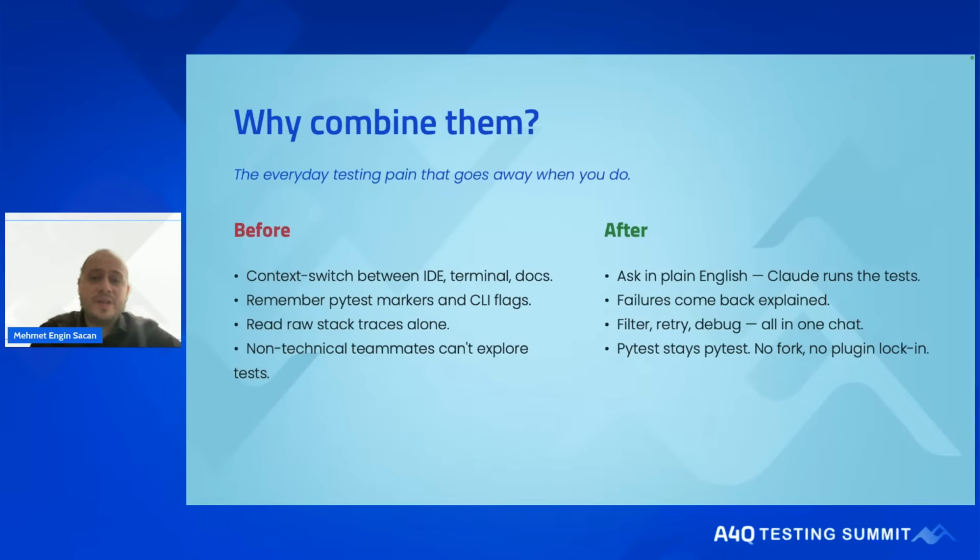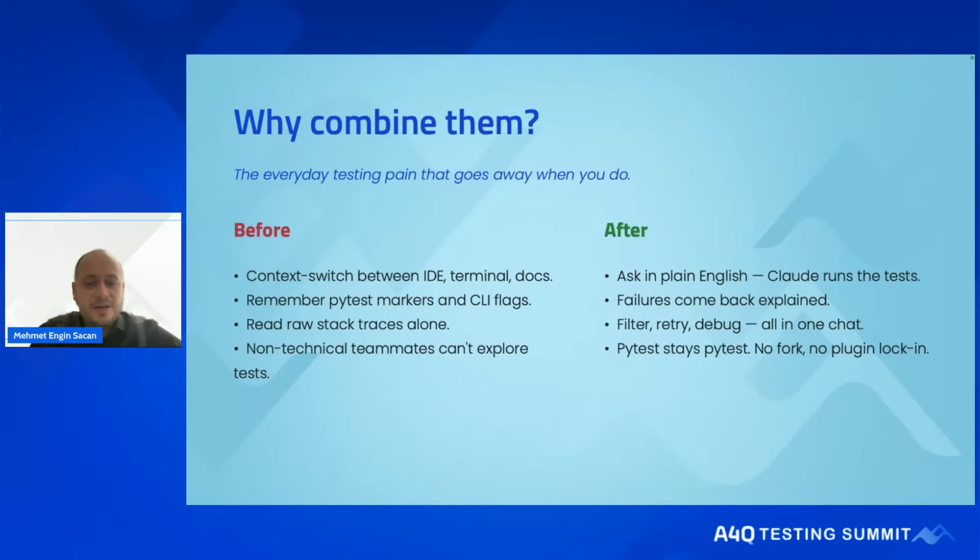That's a lot of context switching. Then you forget the marker syntax. Was it -m UI or -k? Tab completion can help, but it gives you some headaches. That's the daily life every test automation engineer faces.